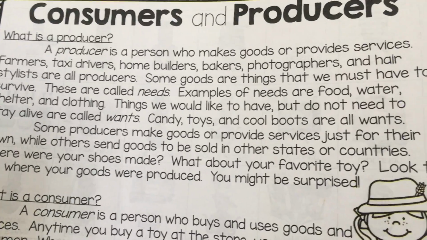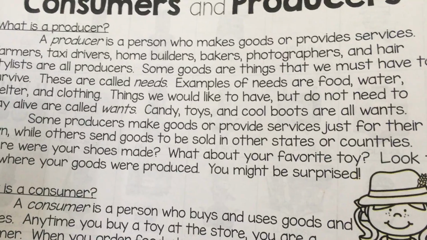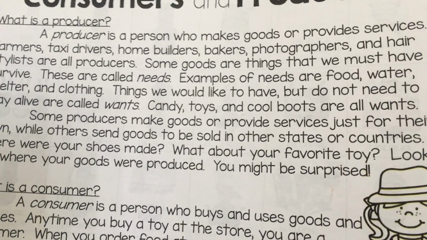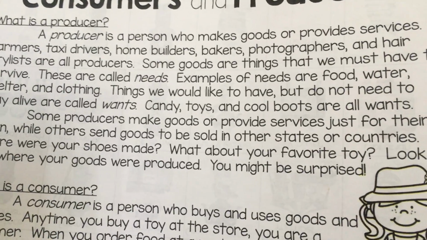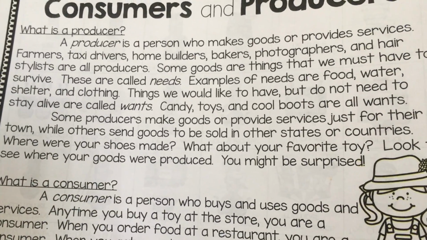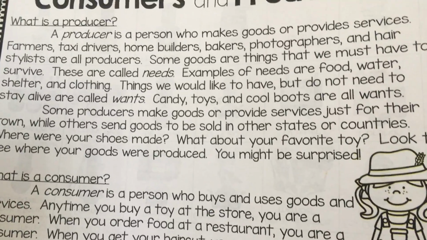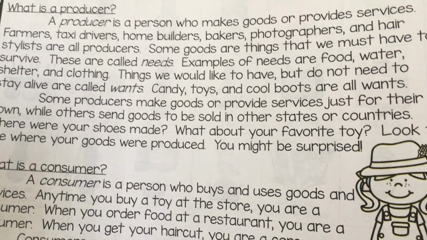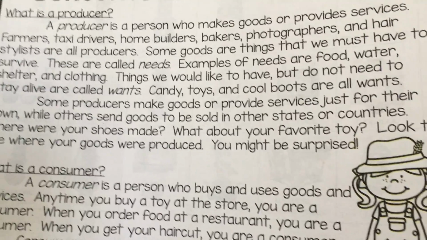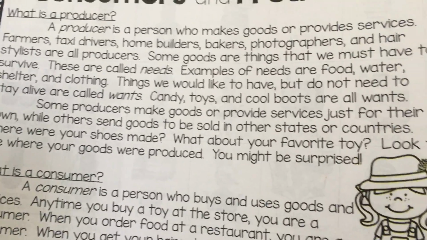Some goods are things that we must have to survive. These are called needs. Examples of needs are food, water, shelter, and clothing. Things we would like to have but we do not need to stay alive are called wants, such as candy, toys, and cool boots that are all wants.